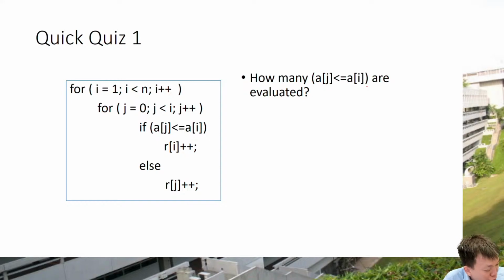N square over 2. Any other answer? I times j. Why I times j? Any other answer?